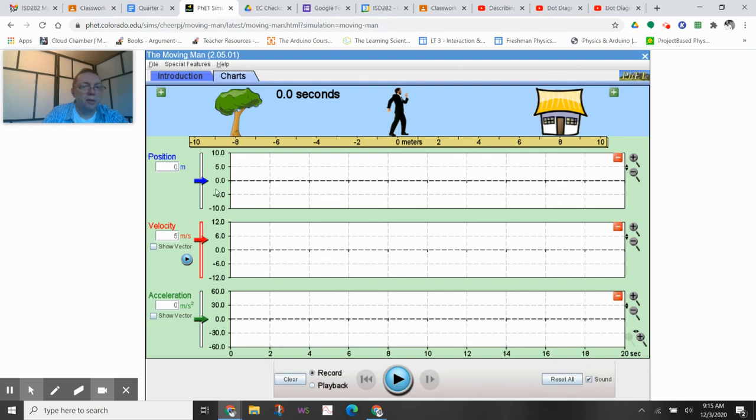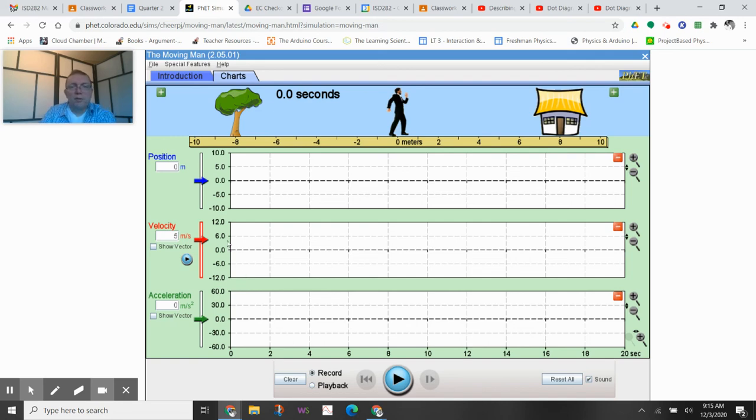On this graph, the 0 is our position, so we're starting at 0 meters, right there, and the time axis is running down here. Anything above this is a positive position, anything below is a negative position. For the velocity graph, this is 0 meters per second. Anything above it is a positive velocity, anything below it is a negative velocity.